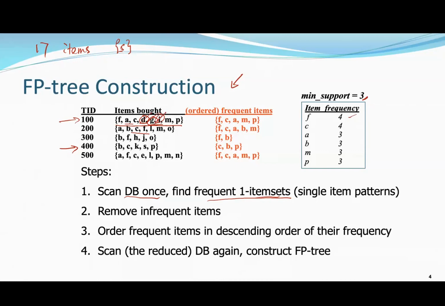So we remove these 3 items from the first transaction, and we sort the items within the transaction according to their frequencies. Okay, so we process the first transaction to obtain this smaller one. Do you understand what I'm saying? All right. So we do this processing on all the transactions, namely discard those items that are not frequent, and then sort the items within the transactions according to their support counts.